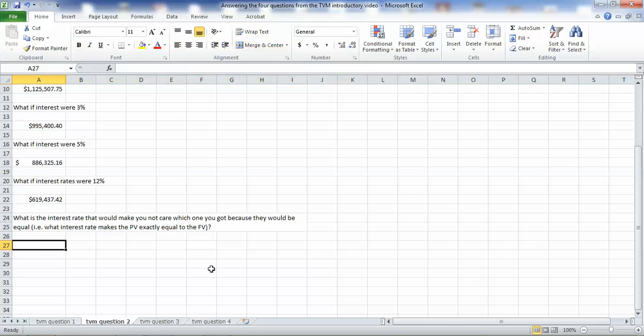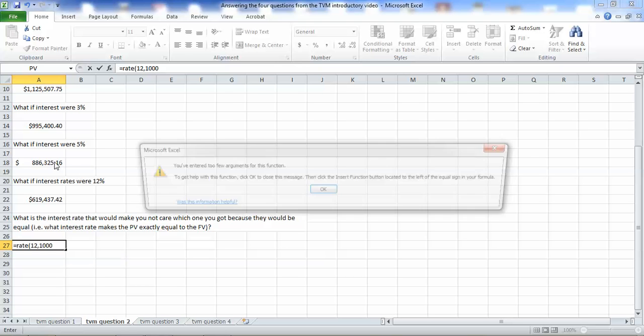So what rate would we need to get at the bank to make it exactly equal? Well, let's try equals rate, parenthesis, number of periods is 12, payment is $100,000. Oh, don't put commas in there. That always drives you crazy. Make sure I didn't do that up here.